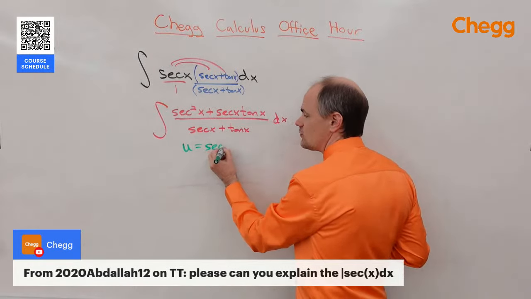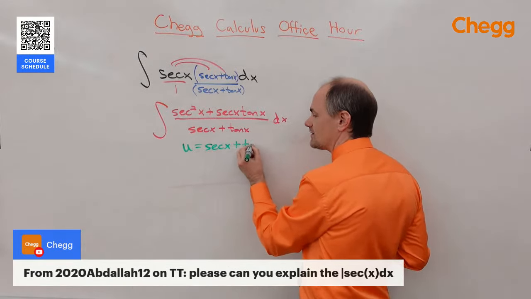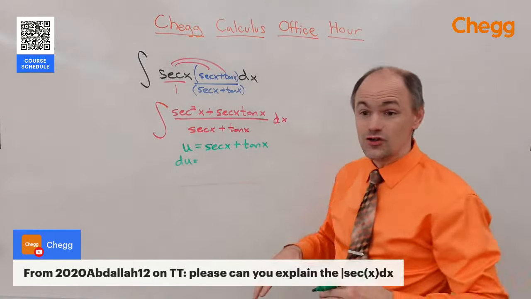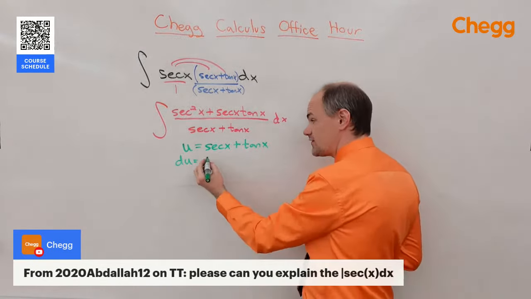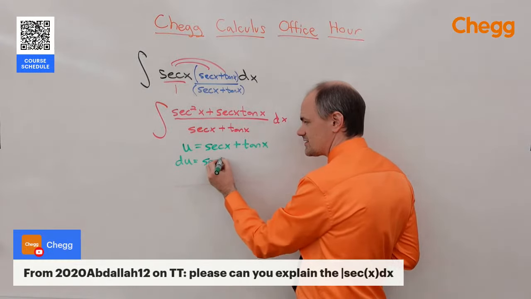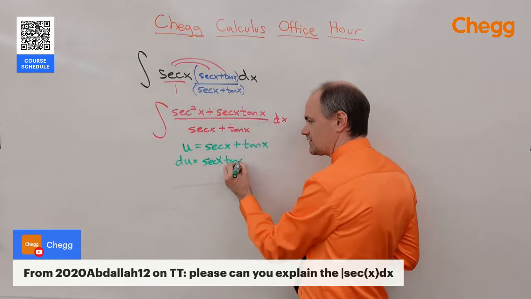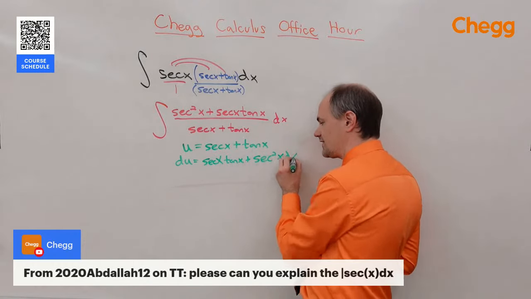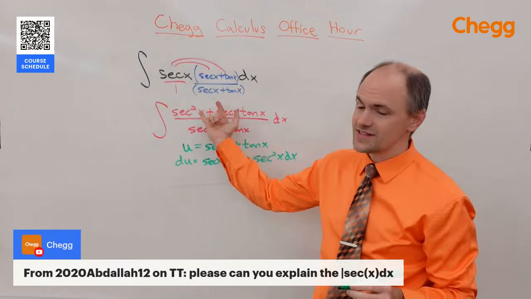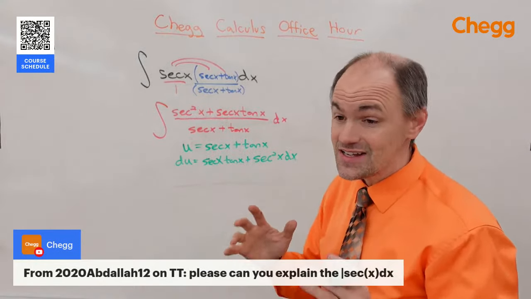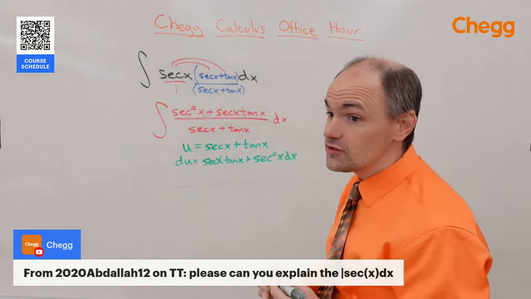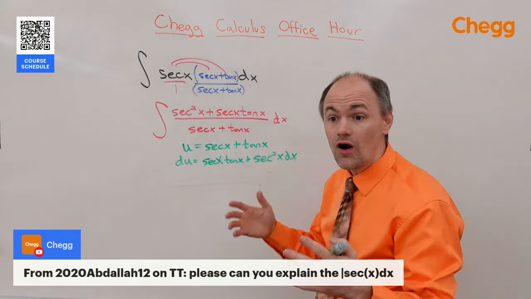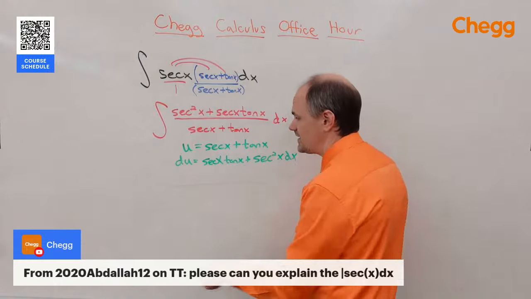Notice what happens when I make u the denominator, secant x plus tangent x. du: the derivative of secant is secant x tangent x, and the derivative of tangent is secant squared x dx. And while the order is different, the adding doesn't really matter. It's commutative. So it's going to be the same thing as my numerator. All of that's going to become my du.